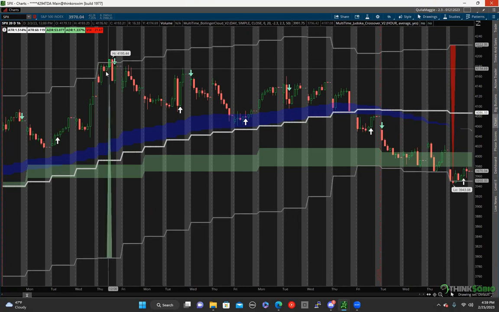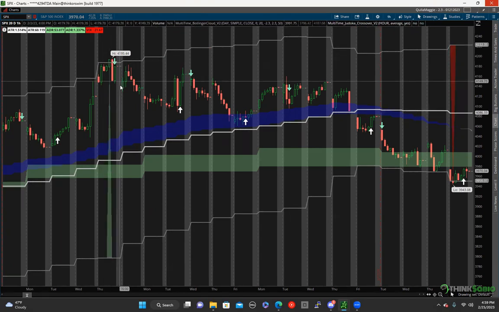When SPX touched this, there was no news, it just went down. And yesterday when it touched the 2.3 standard deviation on the downside, it just pulled up a little.